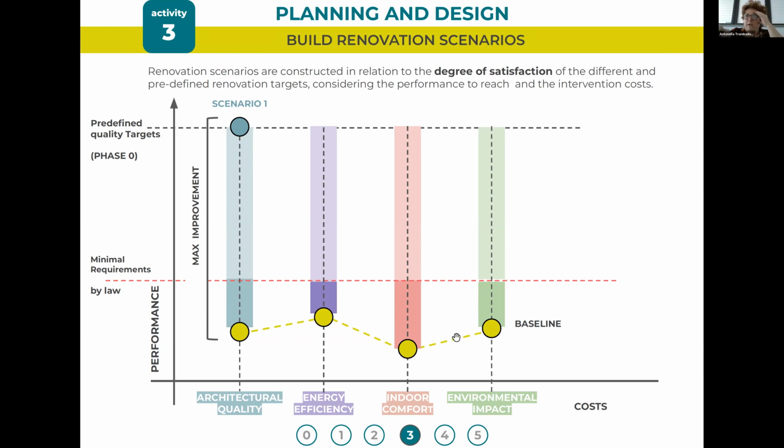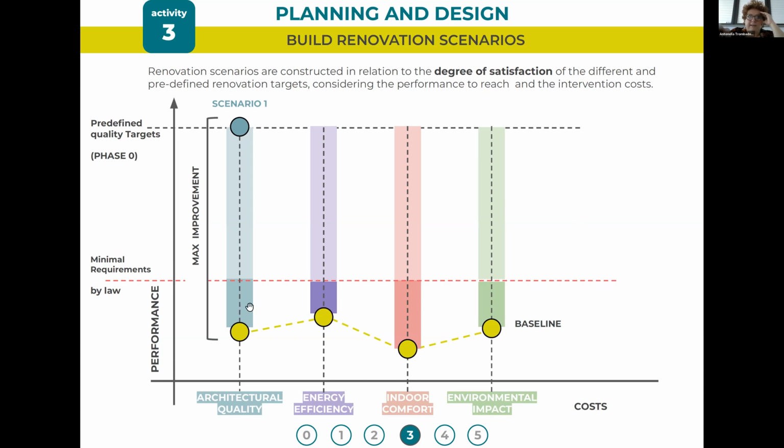It is a graphic representation, but here we can introduce all the quantitative data relating to the knowledge framework and relating to the analysis of criticalities. So we can represent in this kind of summary the whole situation of the building.